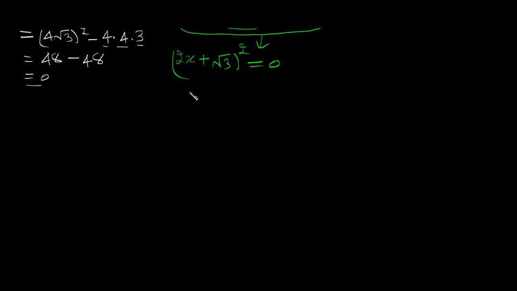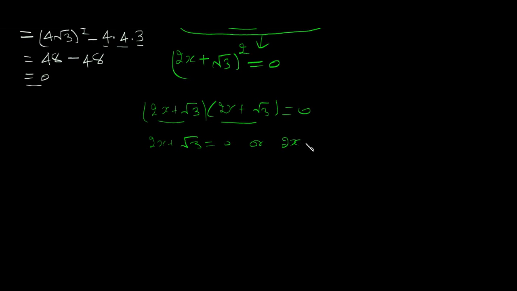I can write this as 2x plus root 3 into 2x plus root 3 is equal to 0. Now I will equate both of these terms to 0 to get the root of this equation. So 2x plus square root 3 is equal to 0, or 2x plus root 3 is equal to 0.